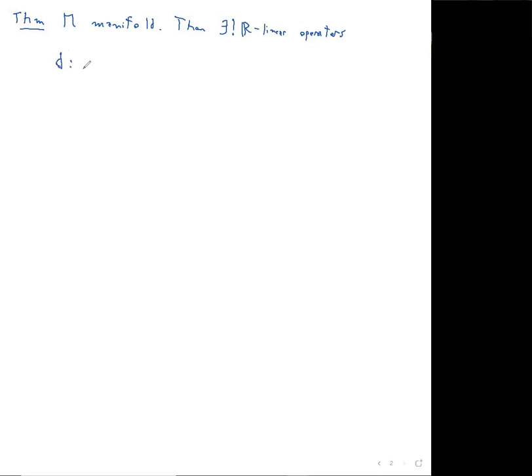Technically, I should call it d^p because the domain is different every time, but it's common to drop the p. So this goes from p-forms to p+1 forms. So that's why I'm saying it shouldn't be just d, it should be like d^p. This is usually skipped.